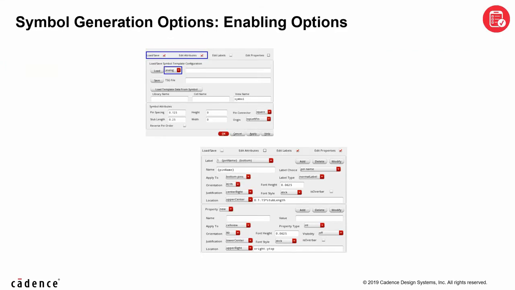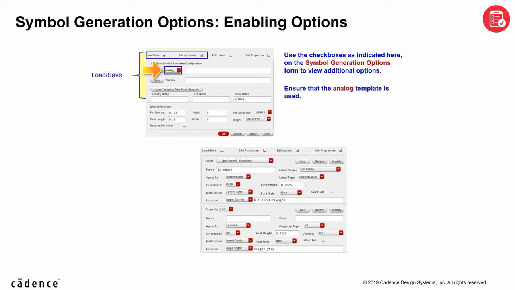As I mentioned on the previous slide, you can enable additional options on this form. Suppose you enable the load or save and edit attributes options. The form expands and you can see additional information for each section, as you can see in the form at the top. In the load or save section, ensure that the analog template is used for symbol creation.